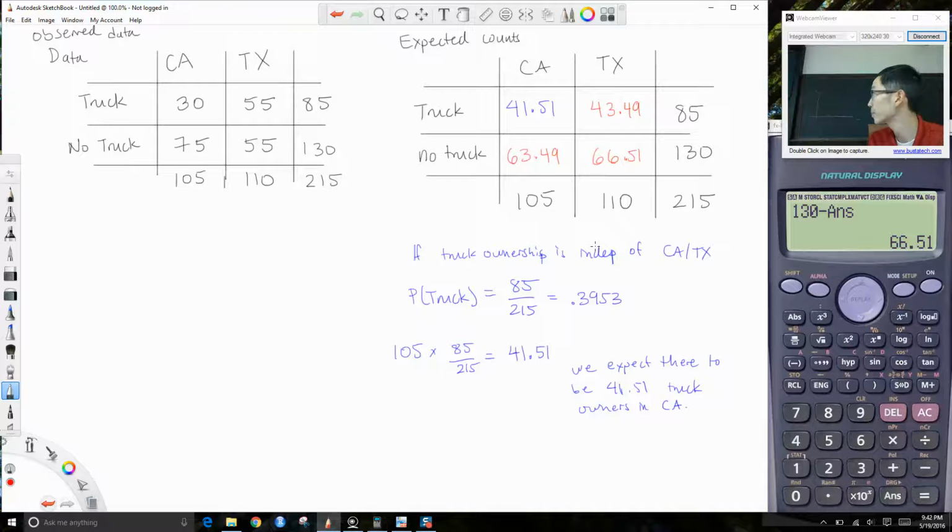But I could apply the same rule. So one way to get our expected value is to take my column total, 105, and multiply it by 85 over 215, where 85 is the row total, divided by 215, the grand total.